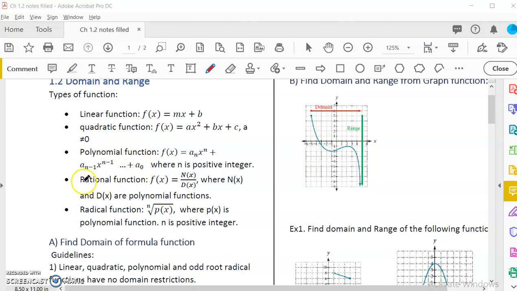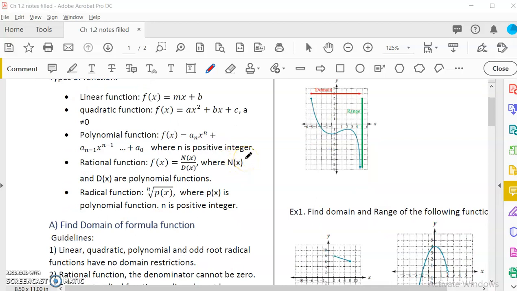Okay. And then the fourth one that we want to name is called rational functions. What is a rational function? A rational function is basically when you are dividing two polynomial functions. You would have a fraction line where the numerator is a polynomial function and the denominator is a polynomial function.